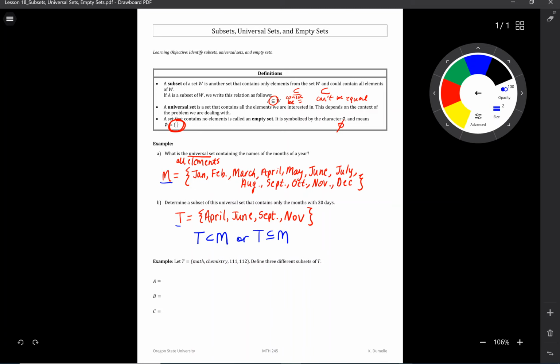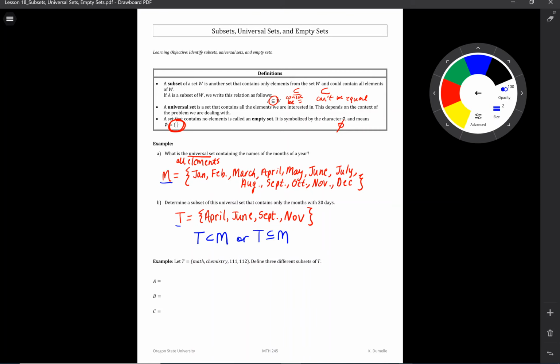All right, next I have the set T, with the elements math, chemistry, 111, 112. And I want to define 3 different subsets of T. So I can do lots of things here. But the first one that I am going to do is actually the empty subset.